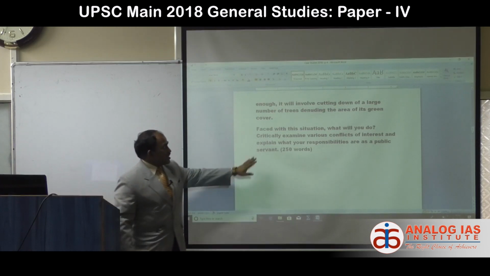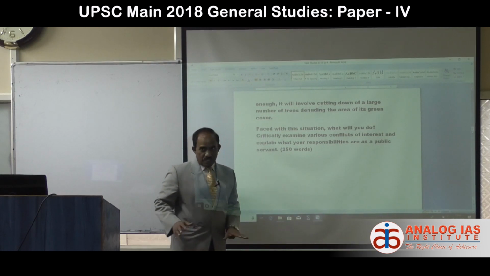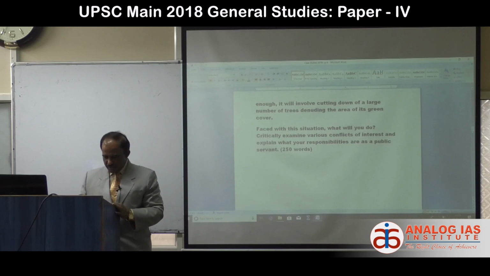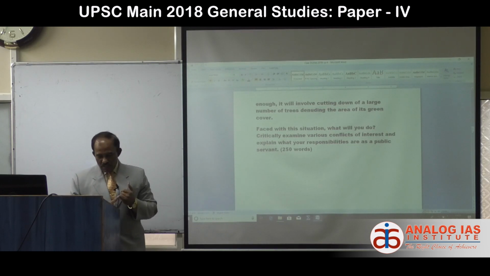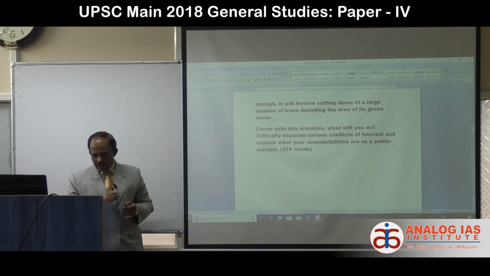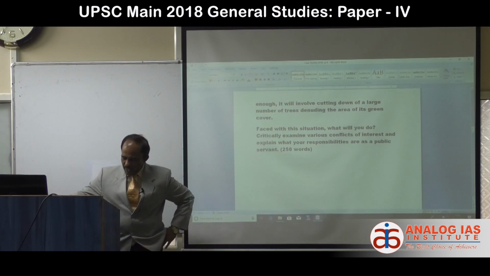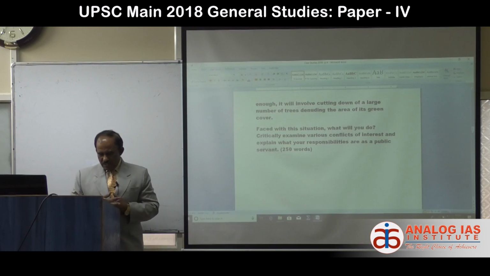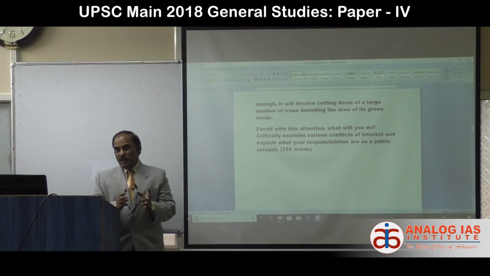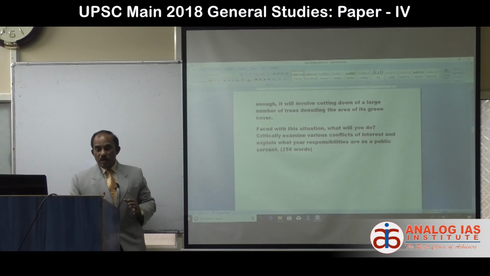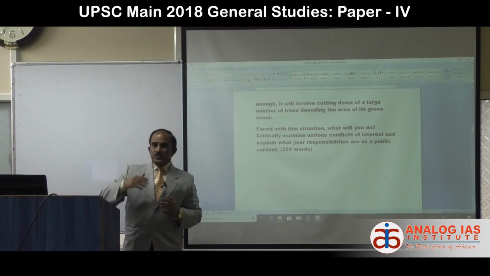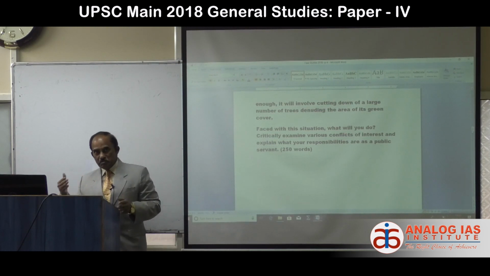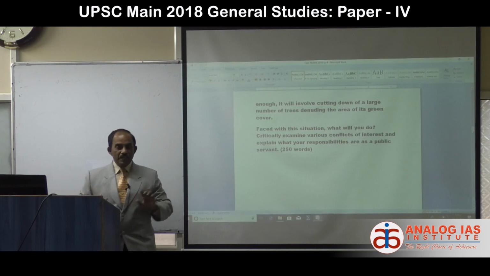Now, the question is, what are the various conflicts of interest? So, here we can go by certain areas of conflict of interest. One is called self-dealing, dealing in a private capacity and getting the personal benefit. It is by acquisition of the land at a cheaper rate. So, as a senior officer in the government, you are getting the benefit of the knowledge and you are using the knowledge to purchase the land at a cheaper rate.